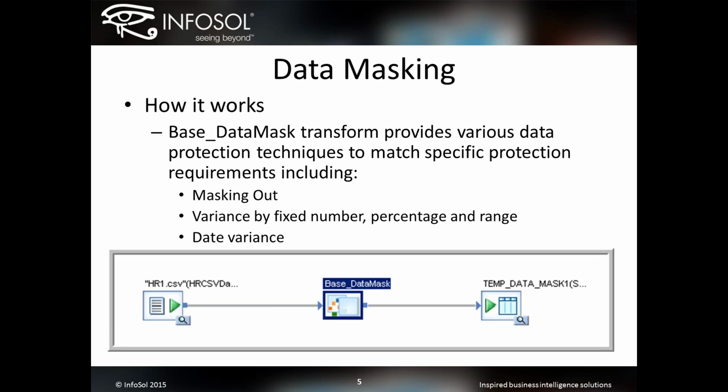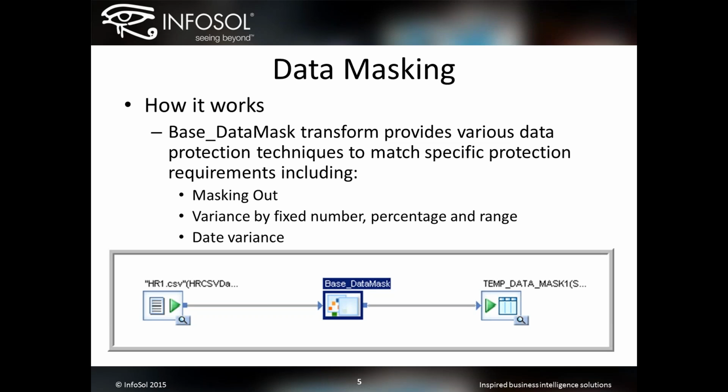So how does it work? The data masking transform provides some protection techniques, and there are really three main ones, and these came out with the original release of the data masking transform. You have the ability of doing what we call masking out. We have the ability to do variances by a fixed number, a percentage, or a range, and then we have date variance.